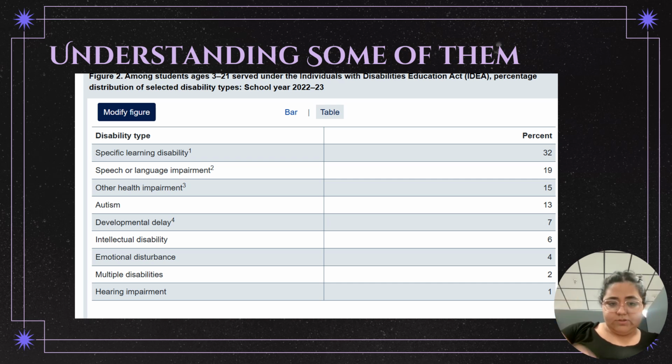For example, specific learning disabilities, which is the number one, has 32% of the population of students that were known in the full year 2022-2023. As you can see, less common ones like hearing impairments are at only 1%, where this last one falls under the category of less frequent.